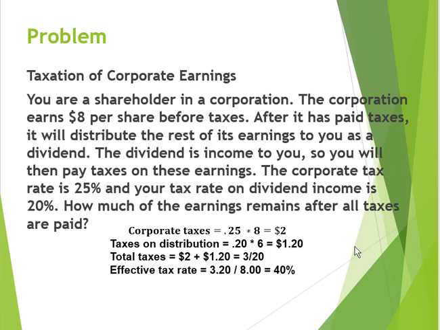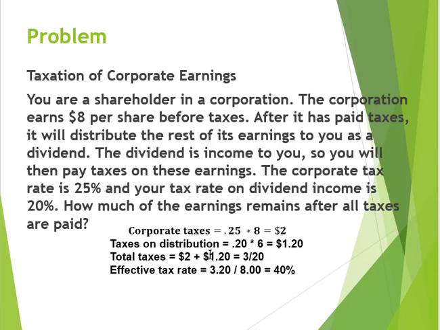So if you're a shareholder in a corporation, the company earns $8 per share before taxes. So the corporation has to pay taxes. If the corporation is in the 25% tax bracket, 25% of $8 is $2. The dividend income is income to the owners. So if the entire earnings was distributed, the owners would have to pay taxes on that entire amount. So the corporate tax is 25%, dividend income tax is 20%.